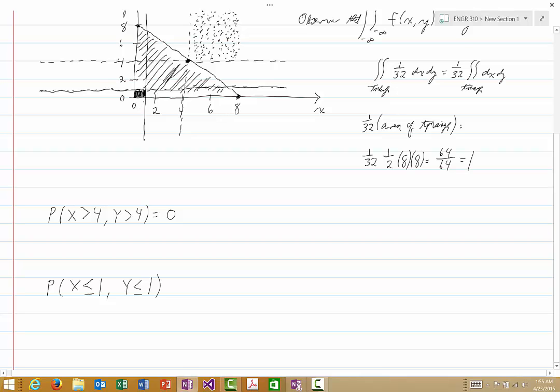Now actually it includes this region as well out here, but we don't need to worry about that because f of xy is equal to 0 out there.